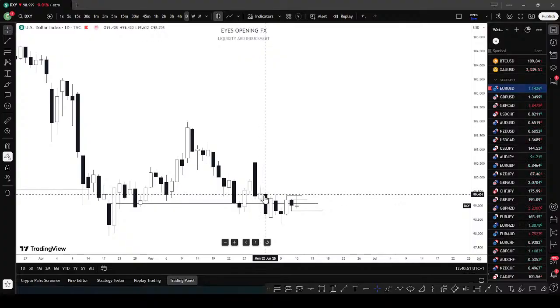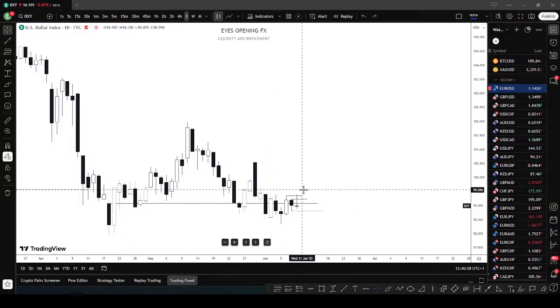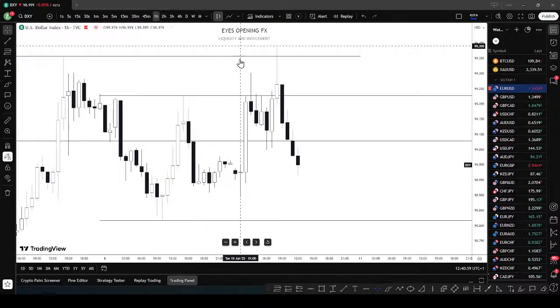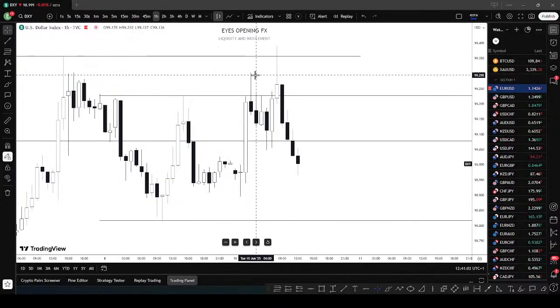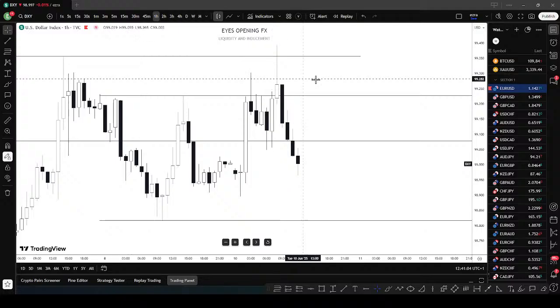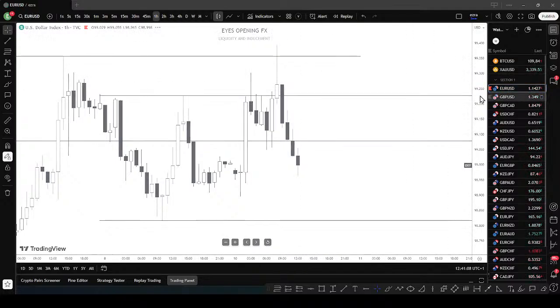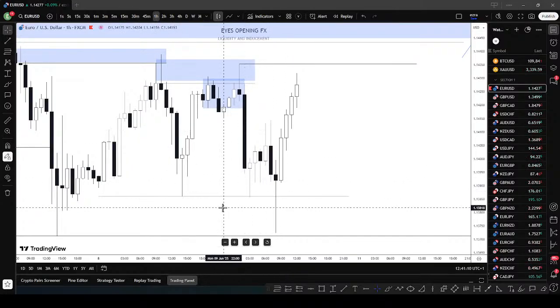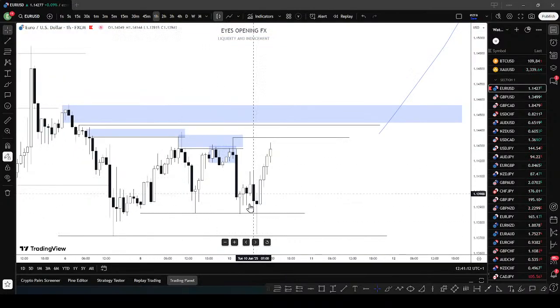The high of the week is still this high, and the high of last week is still this high, so it's not yet taken out. Higher high here, then on Euro USD we also have a lower low, but this low was not taken out.